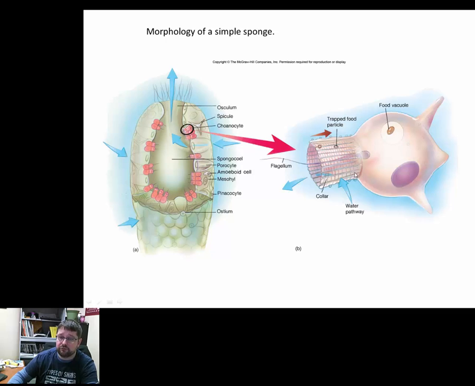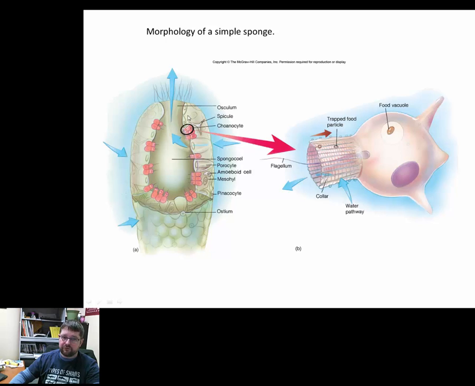This should remind you of a protozoan, of Protista, in the sense that they're going to trap food, bring it in, consume it, and that's how they're going to energize individual cells. So each one of these cells, even though they might be in real close proximity to each other, they act individually.